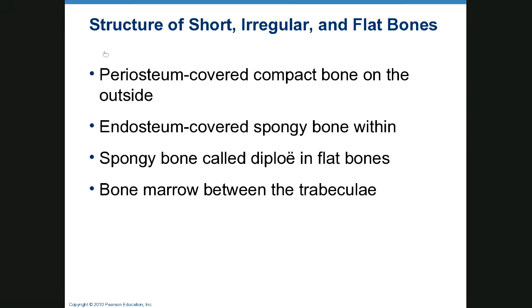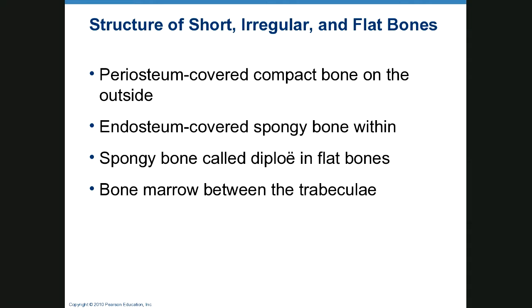Okay, short, irregular, and flat bones have periosteum-covered compact bone on the outside and endosteum-covered spongy bone on the inside. Spongy bone is called diploë in flat bones, and the bone marrow is between the trabeculae.